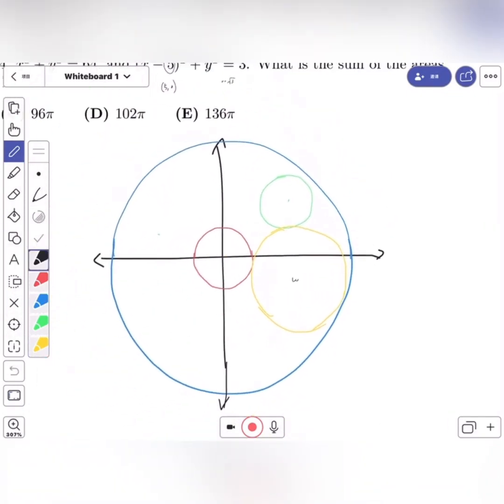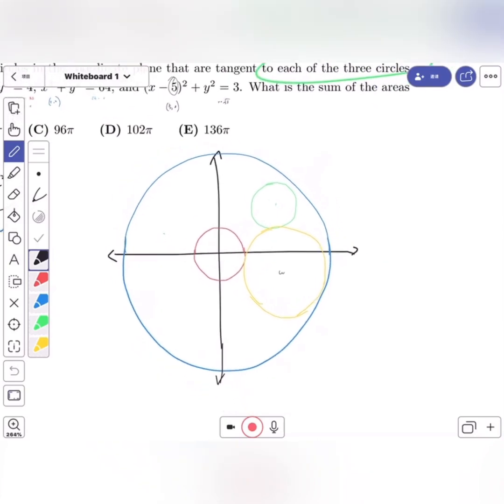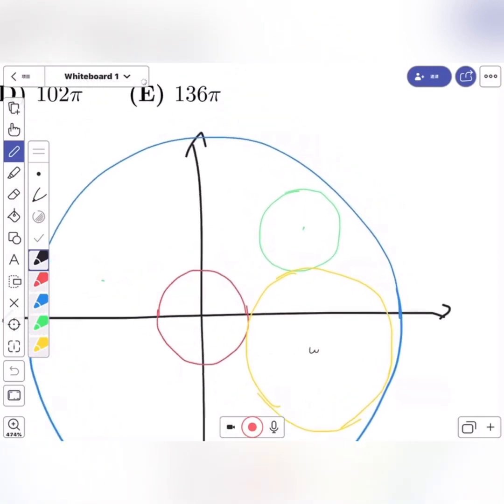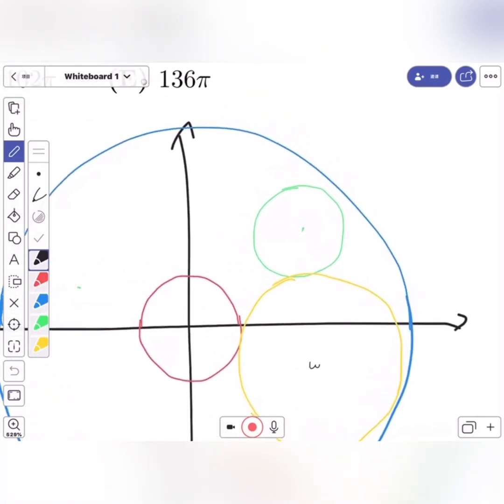Omega is internally tangent to the blue circle, but also externally tangent to both the red circle and the green circle. So now, how are we going to find the radius? Well, let's first draw all the possible circles.